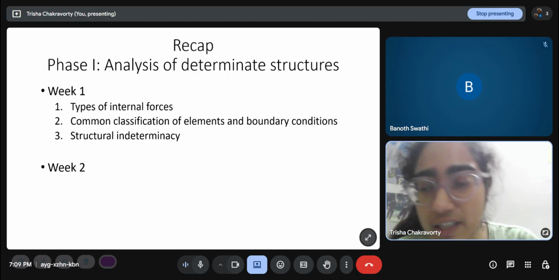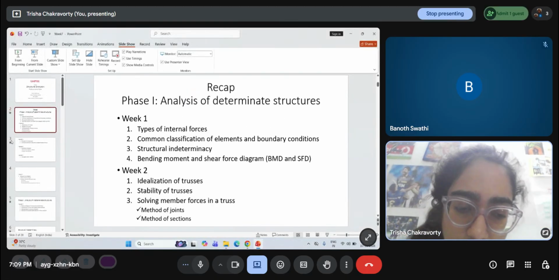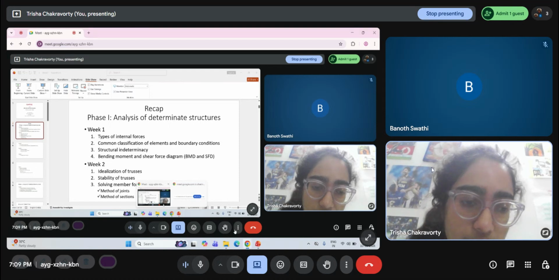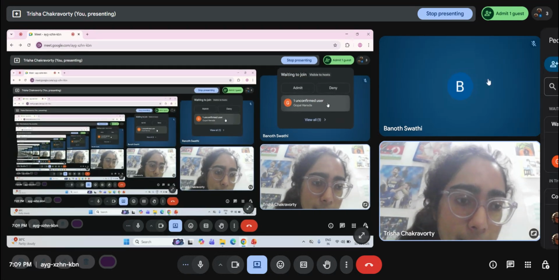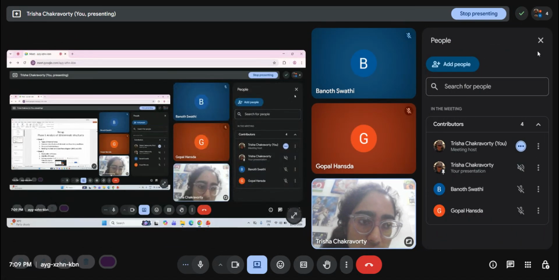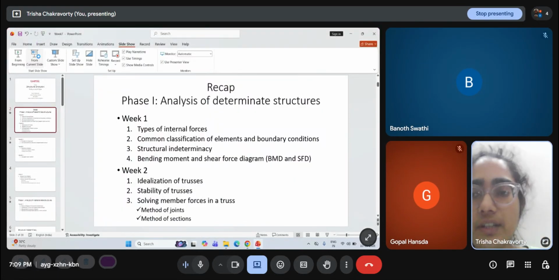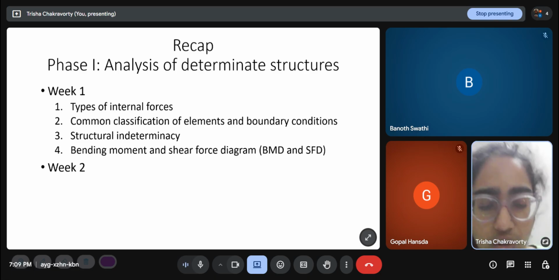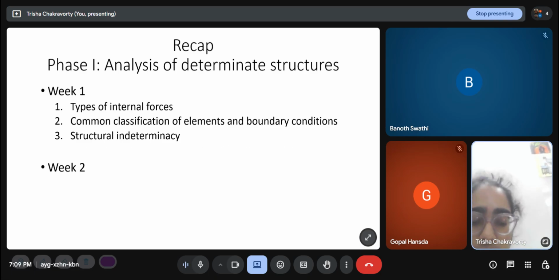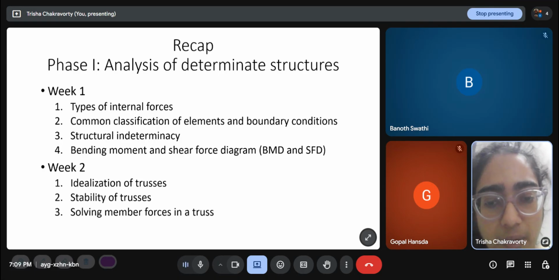So they're relatively easier to analyze because you can solve for the support reactions, and once we have the support reactions we can find all the response types generated in the structure, which is bending moment and shear force in the case of beams, and member forces in the case of truss. These are the force type responses.